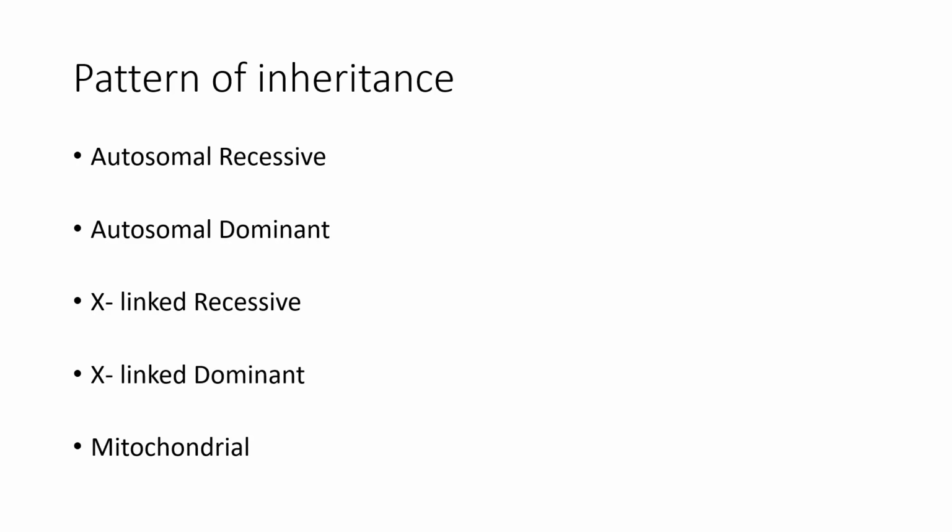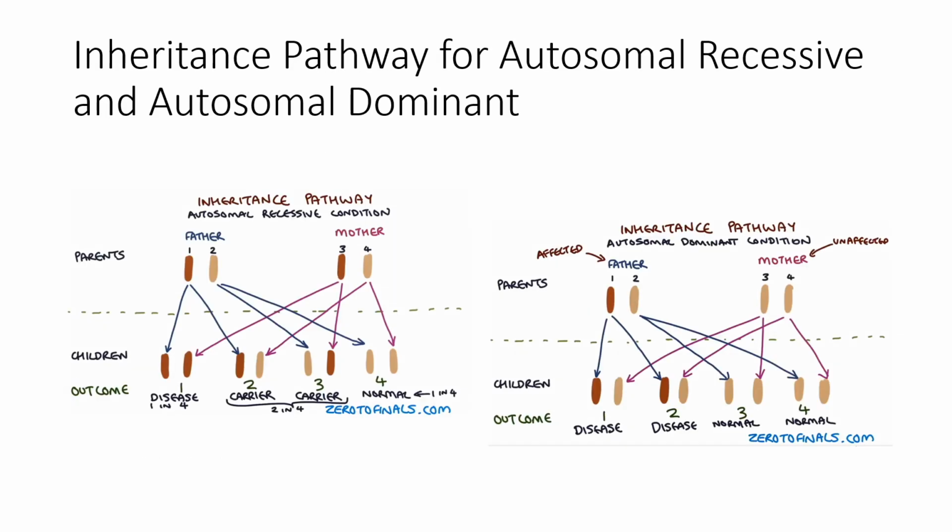Here are images from zerostofinals.com highlighting the inheritance pathway of autosomal recessive and autosomal dominant conditions. On the left, the parents each have a single recessive gene and a single normal gene.